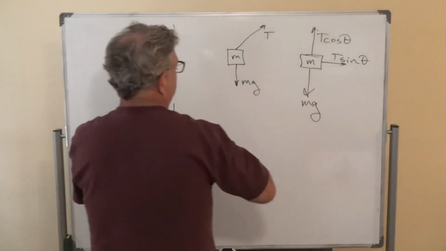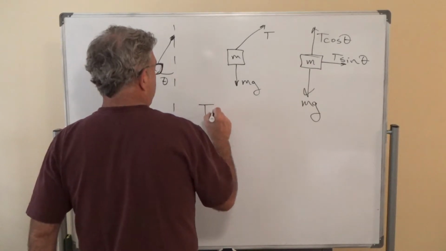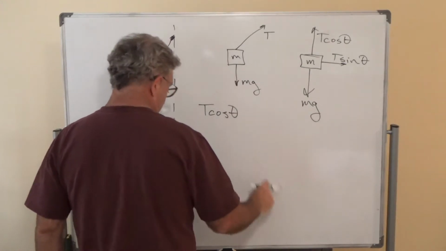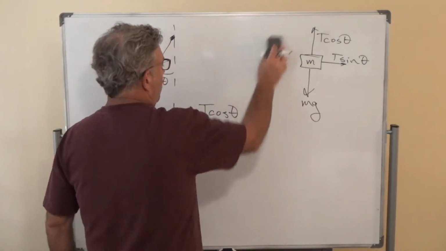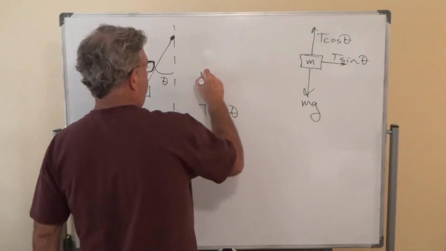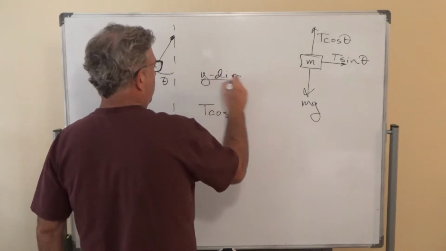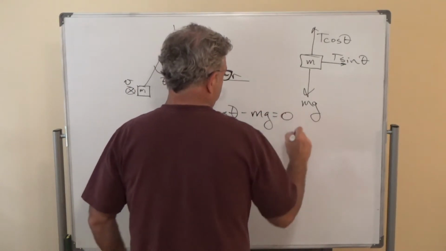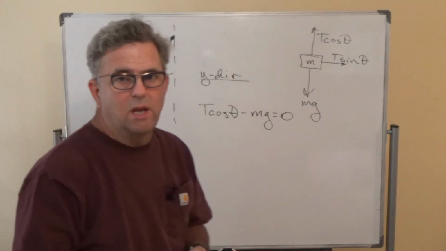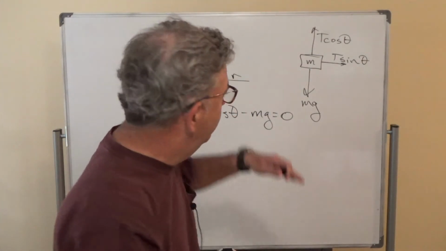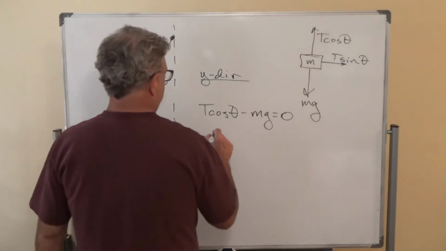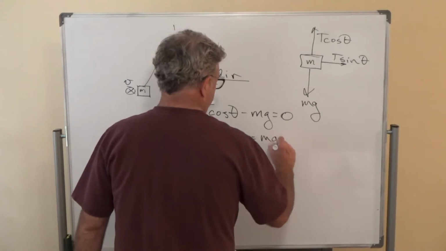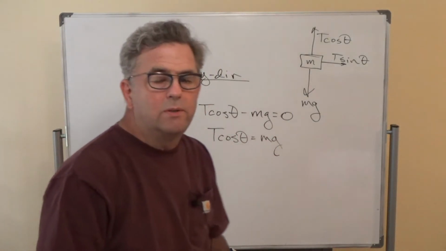So, T cosine theta will make up positive. So this will be, I'll call it the y direction. T cosine theta minus mg is equal to 0. No acceleration. It's in equilibrium in that direction. It's static. So T cosine theta, and this is usually the key to solving these type of problems.